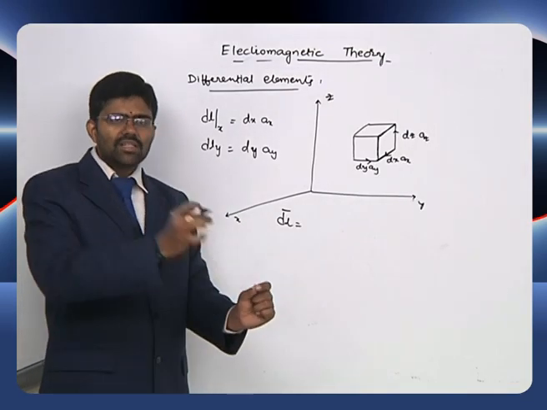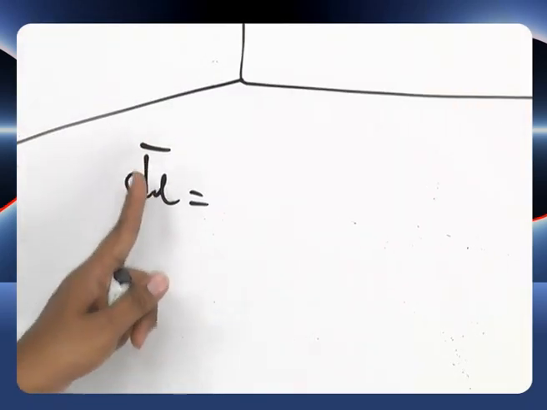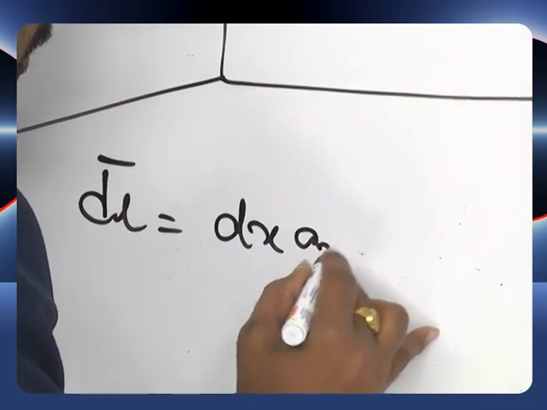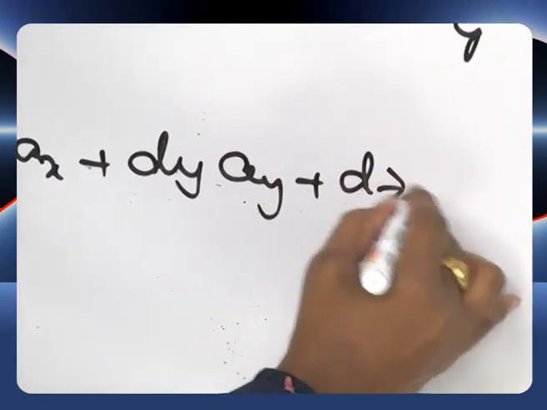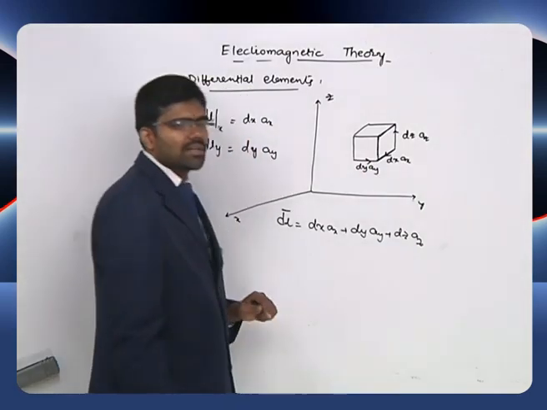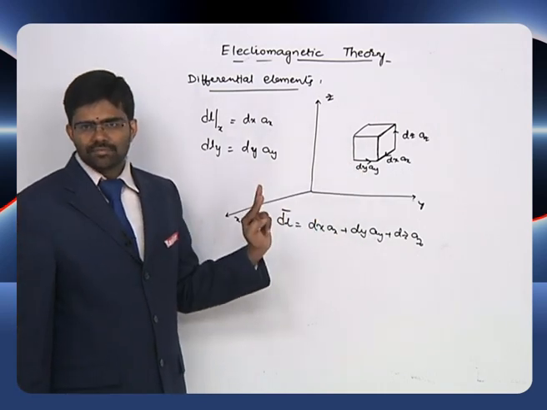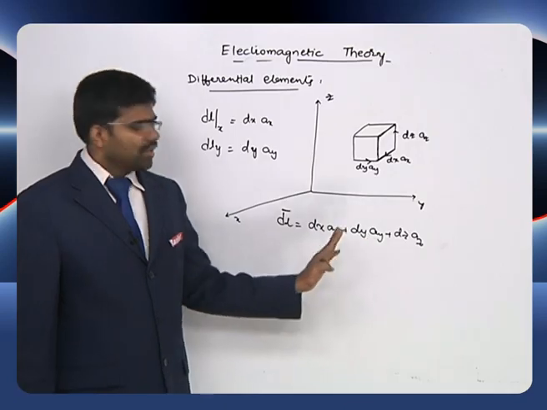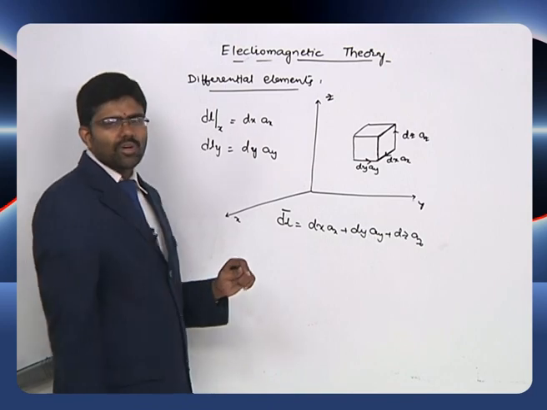Here clearly the differential length is a vector: dl bar is equal to dx ax plus dy ay plus dz az. That is the generalized equation for differential length in our rectangular coordinate system. Whenever we require, we use this differential length. If you want a specific direction, you just use the individual formula.